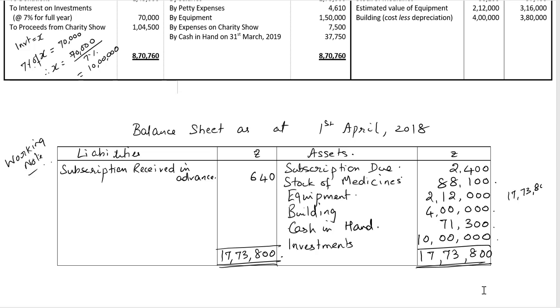So we need to subtract the total of the liability side, 640 rupees. We are left with 17,73,160 rupees. So that is the opening capital fund, ₹17,73,160.